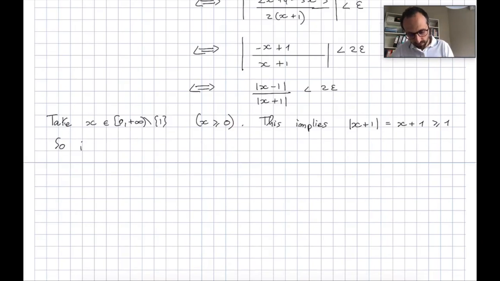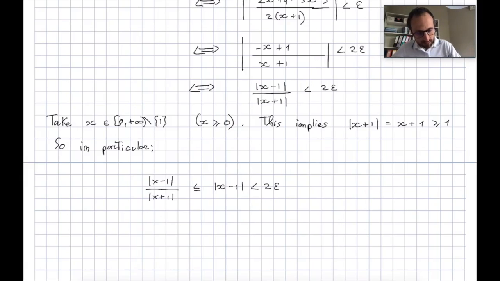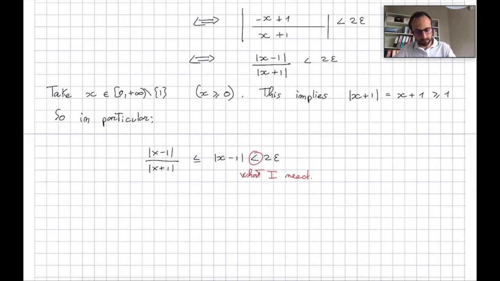So in particular, this gives a very simple bound: the absolute value of x minus 1 over the absolute value of x plus 1 is less than or equal to the absolute value of x minus 1. And I want this to be smaller than 2 epsilon. This is what I need. So in conclusion, what did we find?